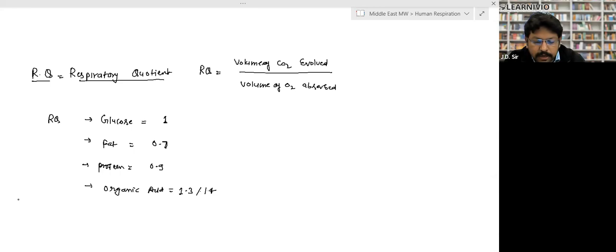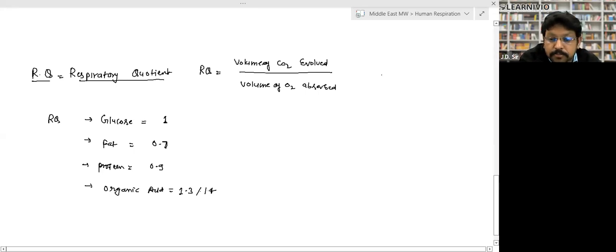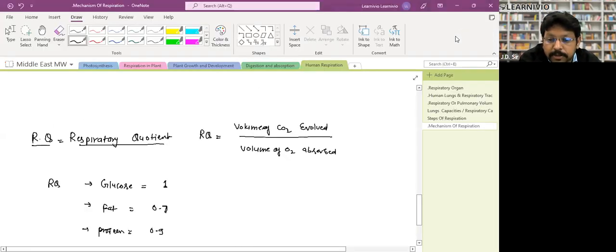Now the next thing is exchange of gases between alveoli and blood. So we have to now study the exchange of gases. Put the next heading, exchange of gases between alveoli and blood.